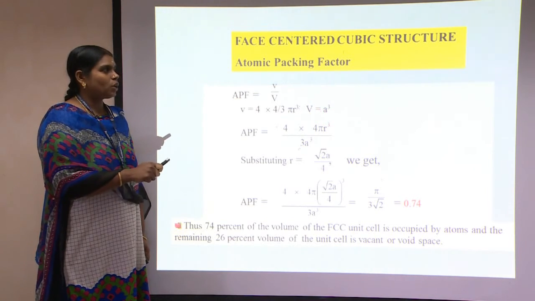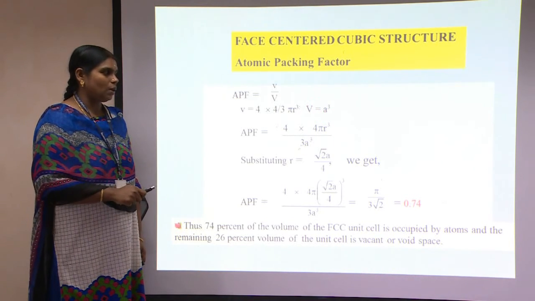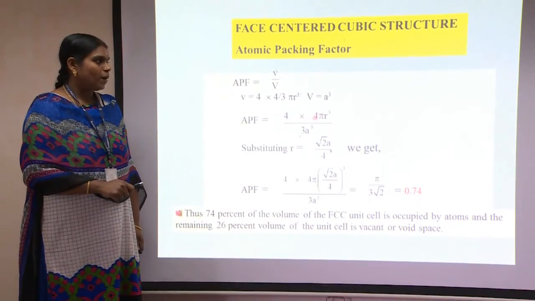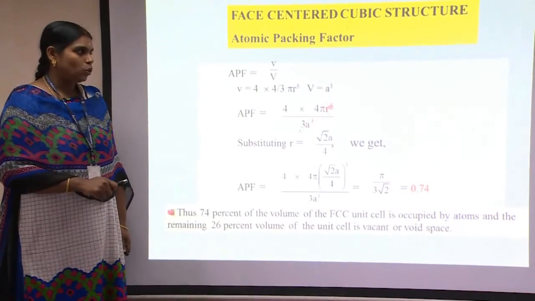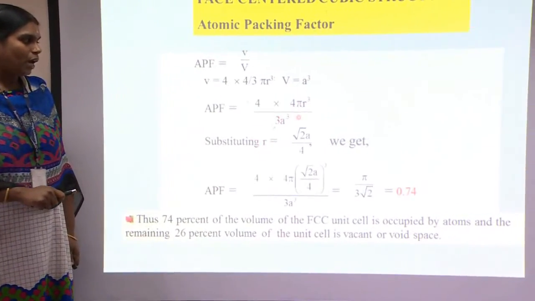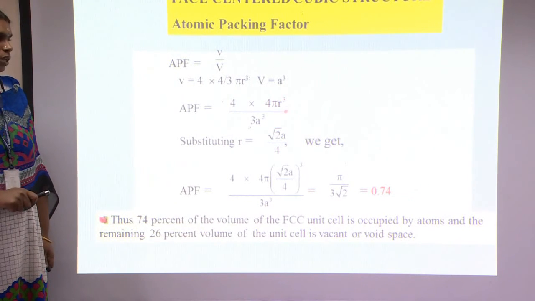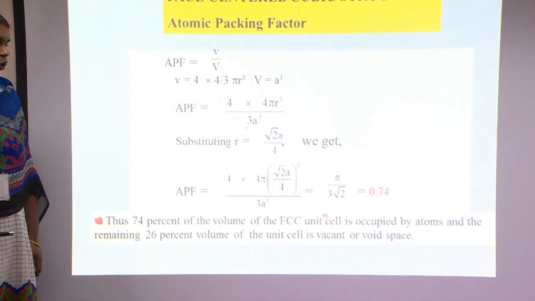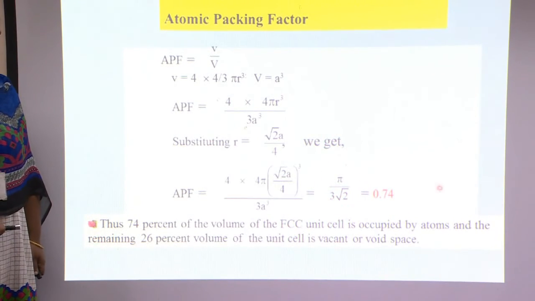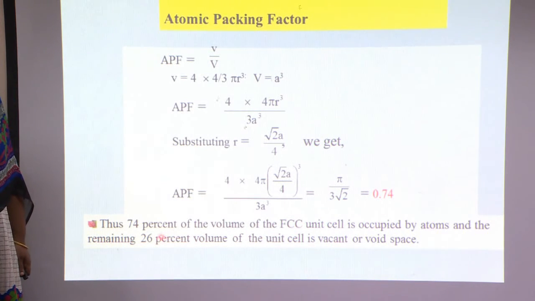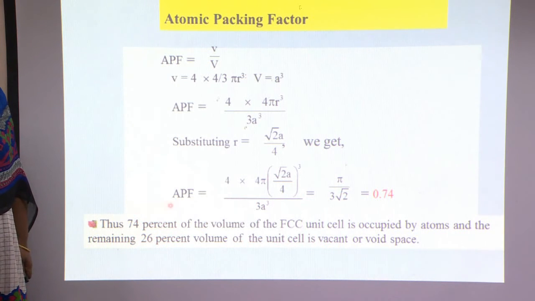Here, once again, it is a cubic structure, so the volume remains A cube. So APF is 4 into 4 by 3 pi r cube divided by A cube, and as we have calculated R as root 2 A by 4, or A by 2 root 2, we substitute that value for R and we get pi by 3 root 2, which comes to 0.74. This means 74% of the volume of FCC is occupied by atoms and the remaining 26% remains vacant.